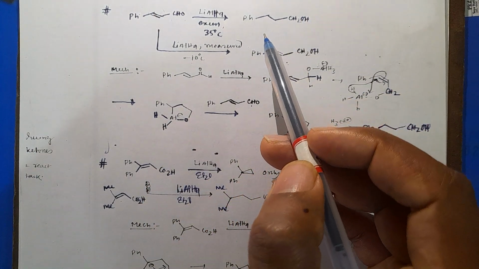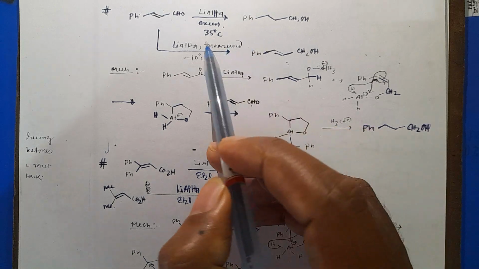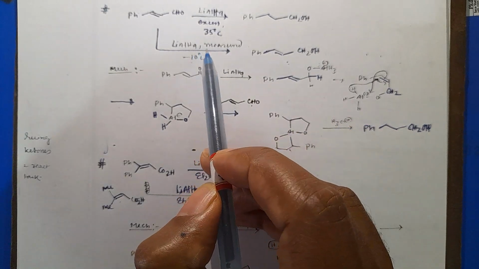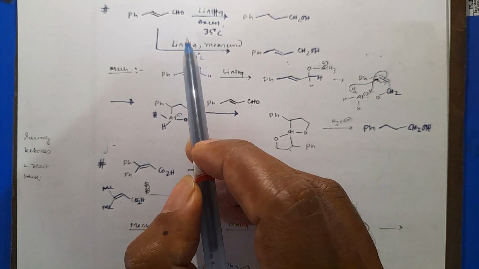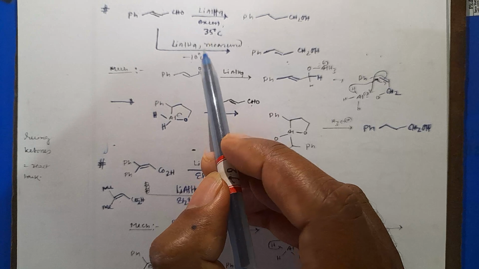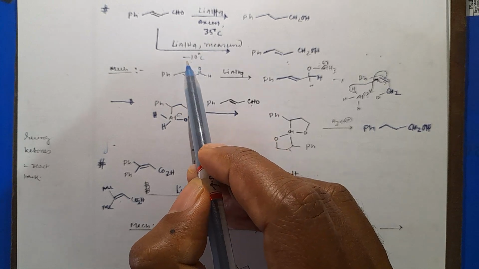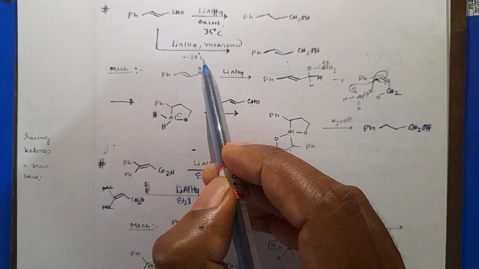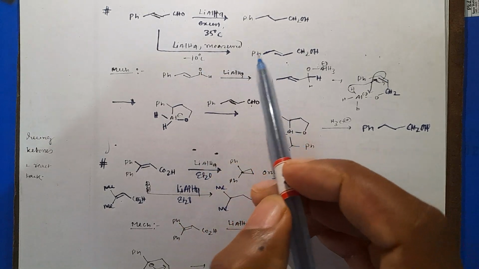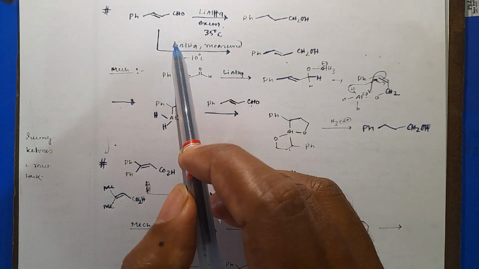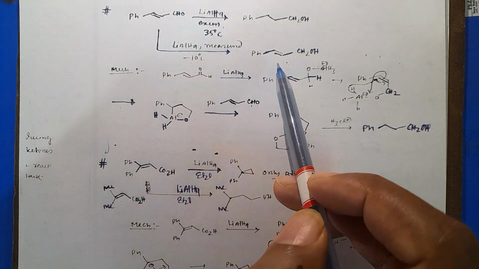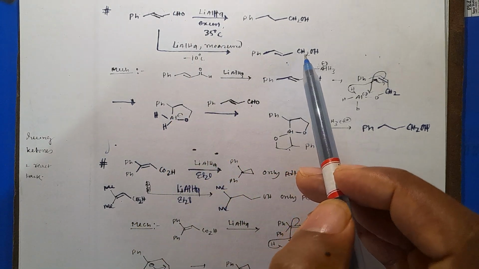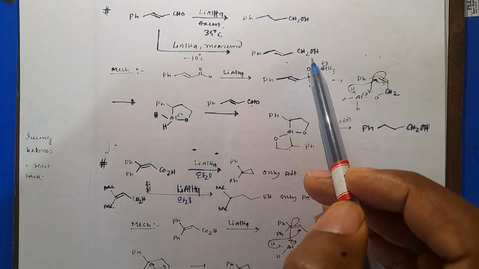Now if you do some variation, let's say you take a measurable amount of lithium aluminum hydride and perform the reaction at low temperature, near about minus 10 degrees centigrade, then you can see lithium aluminum hydride selectively reduces the more active aldehyde group. As a result, it provides this unsaturated alcohol product.